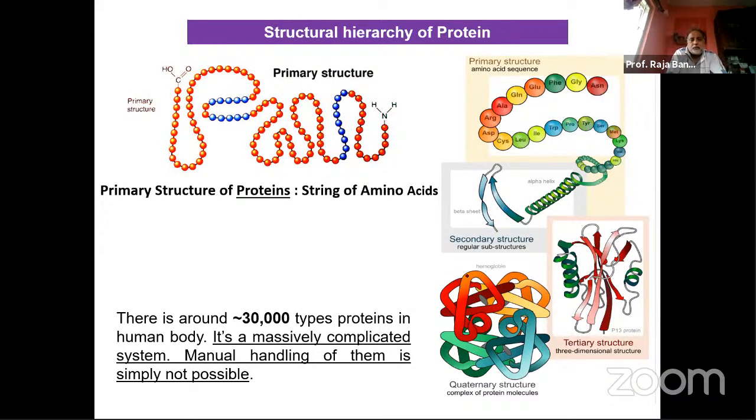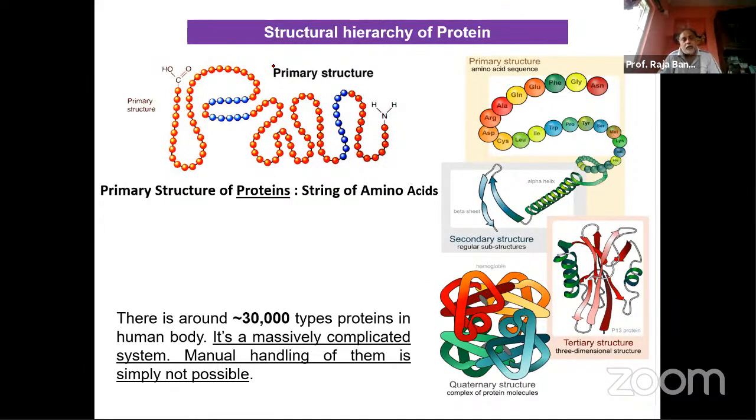If the amino acids are combined linearly, just like making a garland with flowers, not making a shape but just organizing one after another, you are threading them and ending with a primary structure.